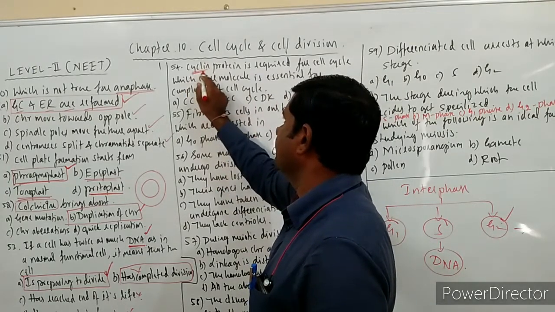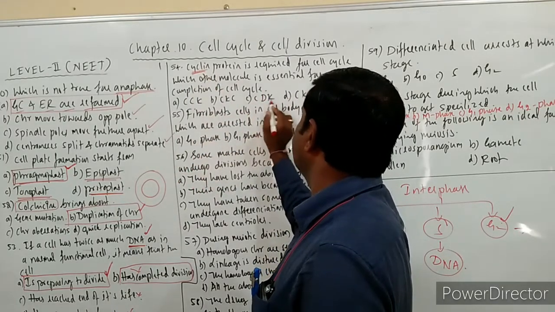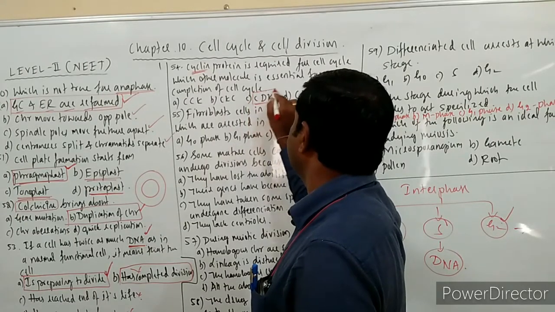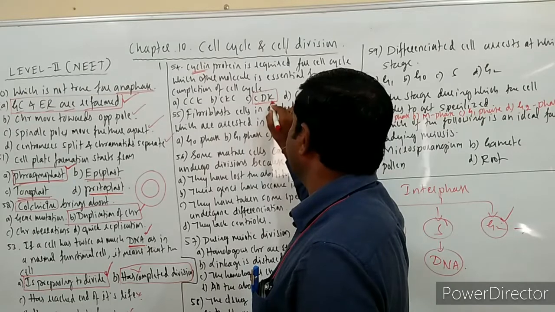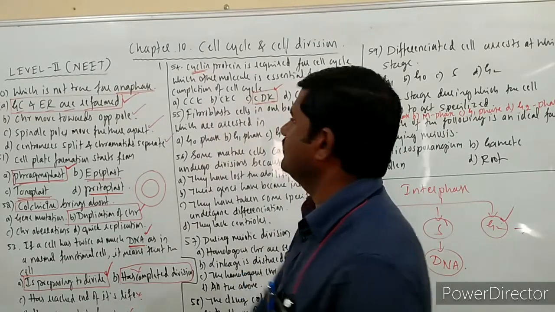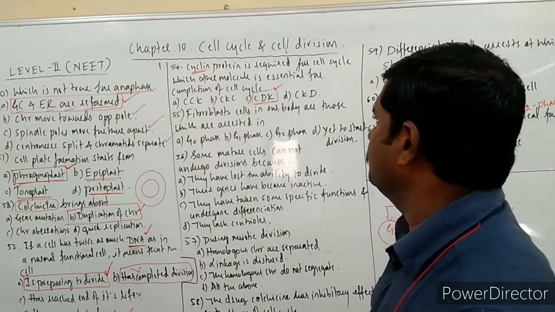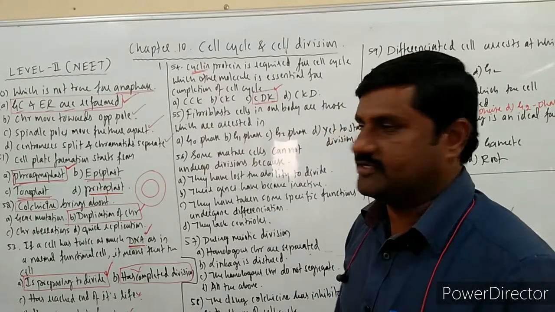Along with cyclin, there are specialized proteins, that is CDKs, cyclin dependent protein kinases, which are also required for the completion of the cell cycle. That's why the correct answer for this one is option C, CDKs. And the next question.